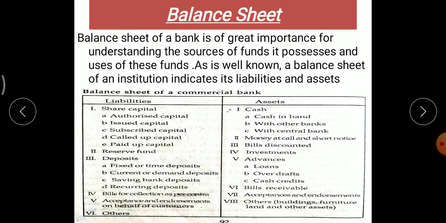This is because the commercial bank is a dealer in other people's money, and as such the community as a whole, and not only its shareholders, is interested in examining its balance sheet for the purpose of assessing its financial strength.